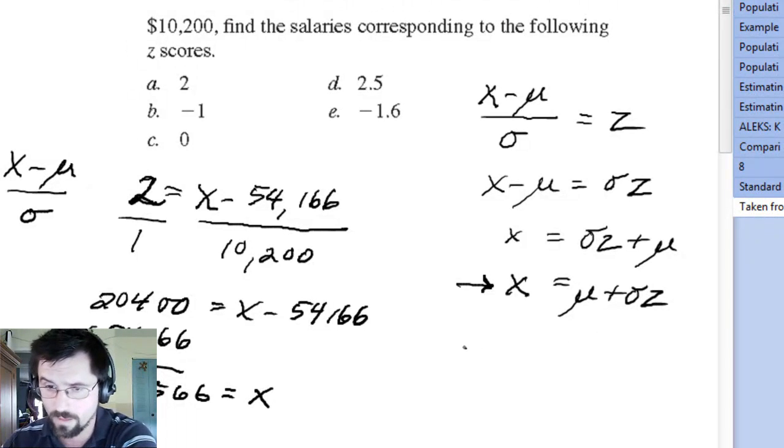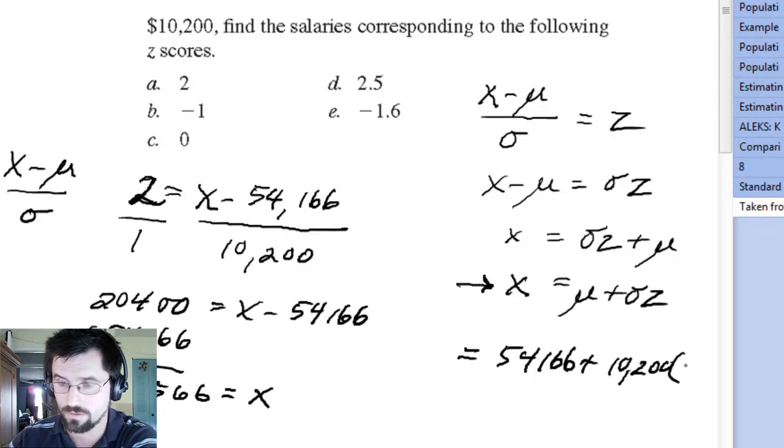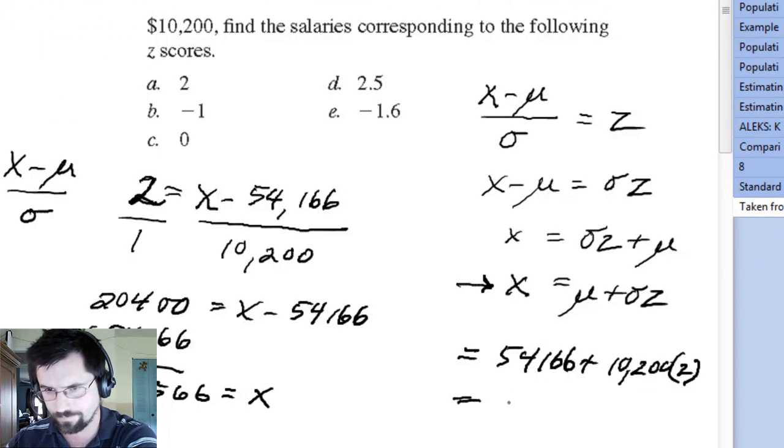It's just a preference I have. And so now we have 54,166 plus 10,200 times 2. Actually, I like it better when the z is in front of the sigma, because multiplication is the same in either order. But either way, you get the same result.